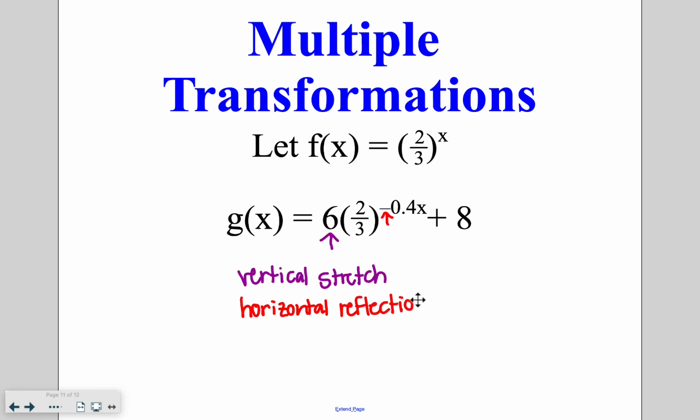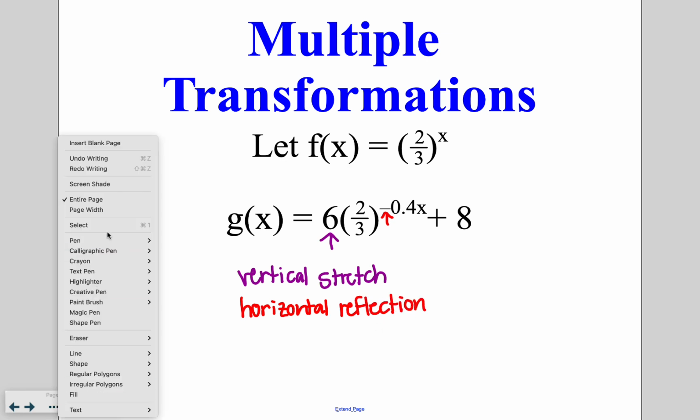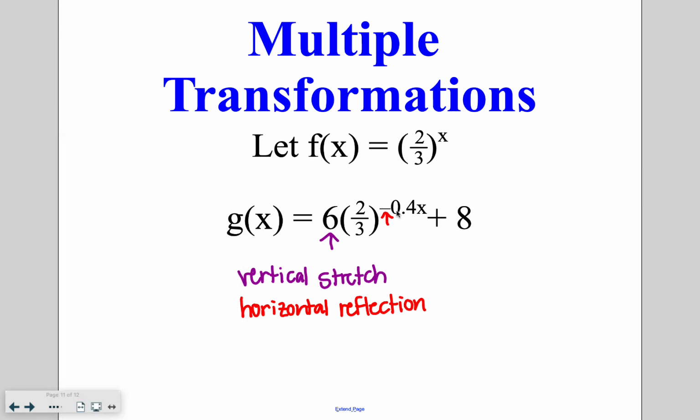Then I have a multiplication in my exponent by 0.4. So that's going to indicate to me that I have a horizontal stretch occurring. So my graph is getting wider.